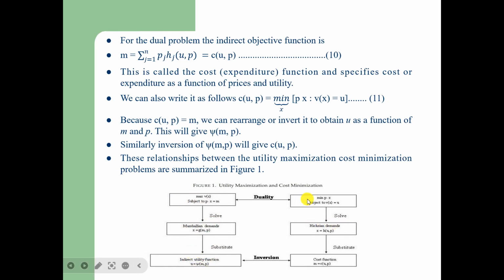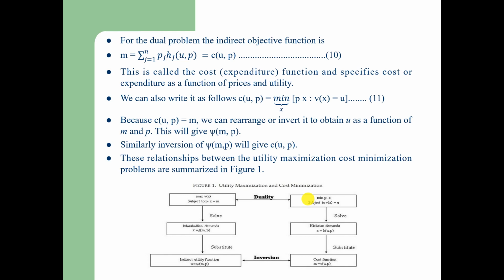On the right hand side, we have the consumer cost minimization problem, in which we minimize total cost on various goods subject to utility equal to some utility target, and the solution of this problem gives us compensated demand functions, or the Hicksian demands.